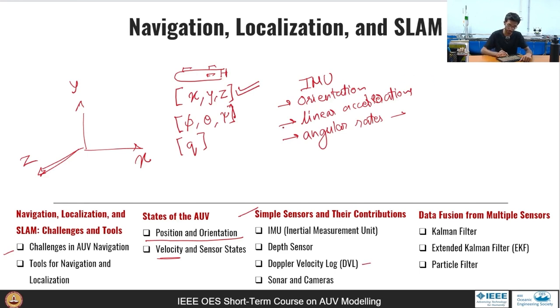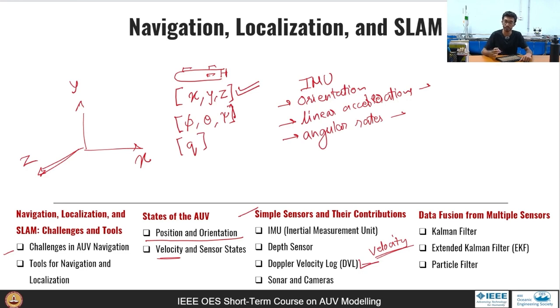Since the IMU measures the linear accelerations and these measurements are quite noisy, we can't use double integration of these linear accelerations to get the position estimate directly. So, an AUV will typically use a Doppler velocity log, which is a sensor that essentially gives the velocity estimates based on the bottom tracking.